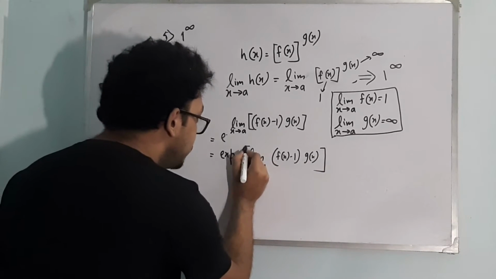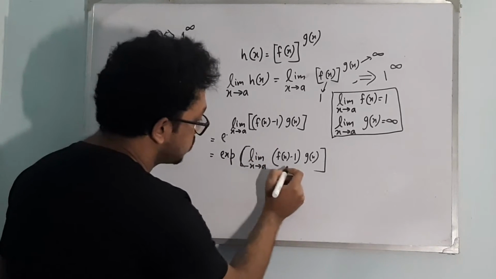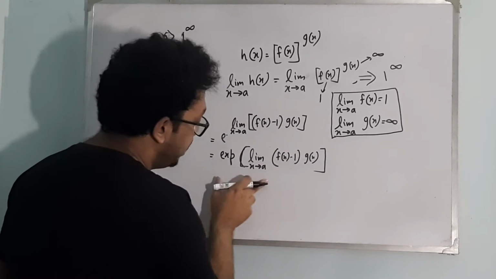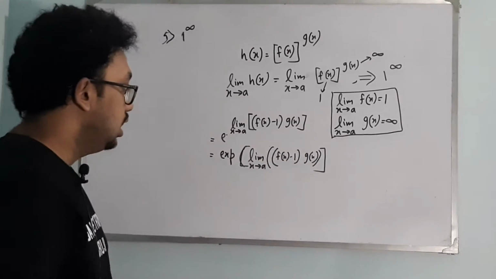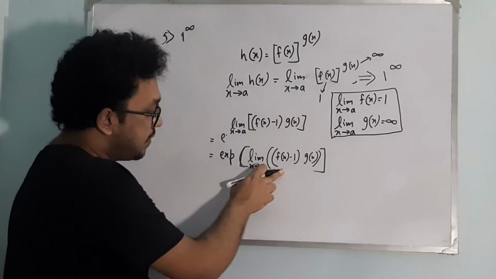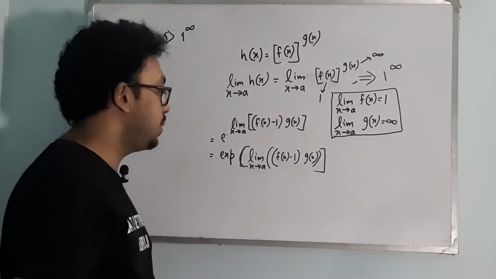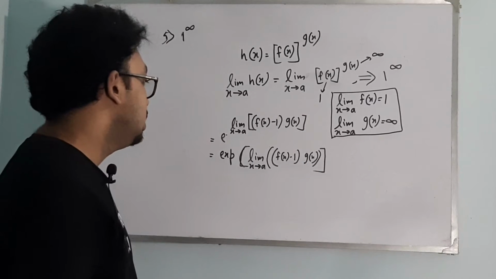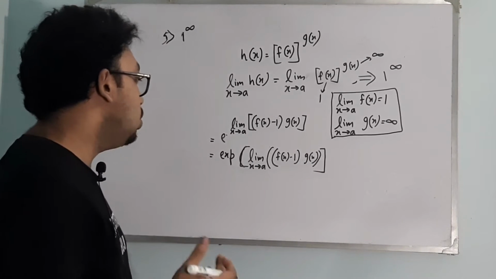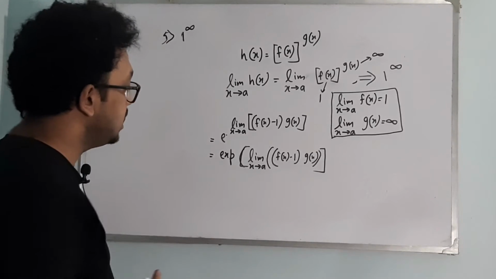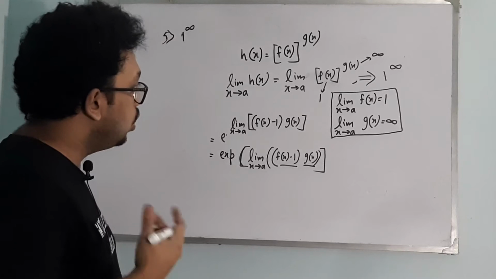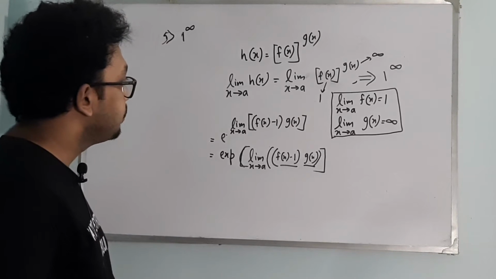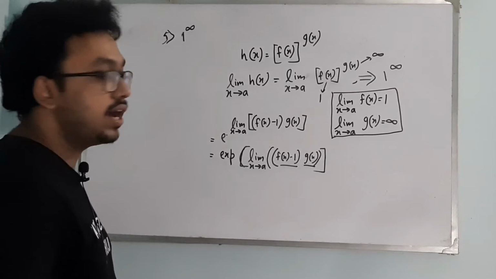Now if you ask me, sir, how to solve this one, that is, limit x tending to a of (f(x) minus 1) into g(x), you will see that this (f(x) minus 1) into g(x) will always be present in a 0 into infinite form.